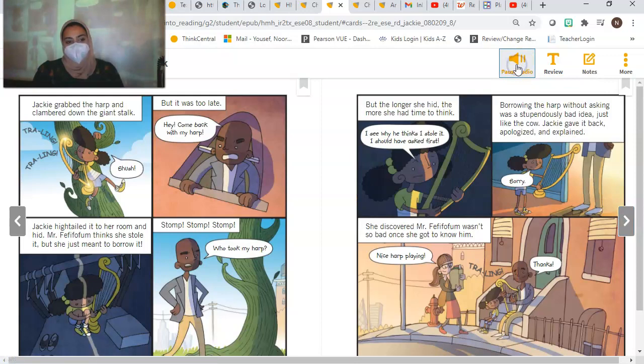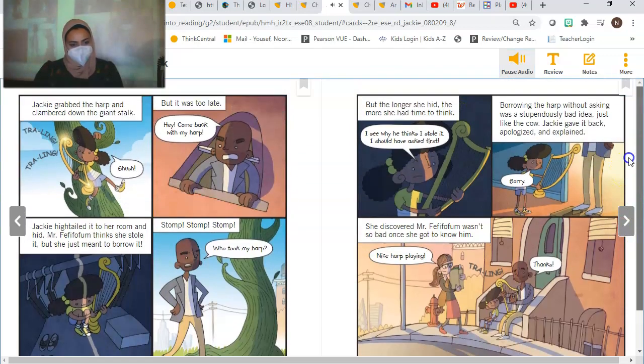What happens? Jackie grabbed the harp and clambered down the giant's stalk. Trilling, trilling. Shush! But it was too late. Hey, come back with my harp! Jackie hightailed it to her room and hid. Mr. Fee-Fi-Fo-Fum thinks she stole it, but she just meant to borrow it. Stomp, stomp, stomp. Who took my harp? But the longer she hid, the more she had time to think.